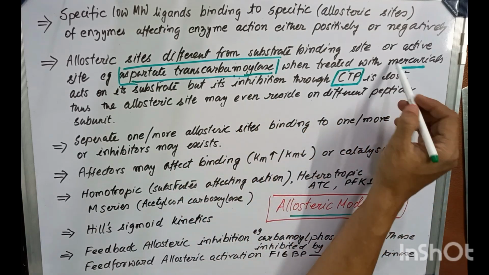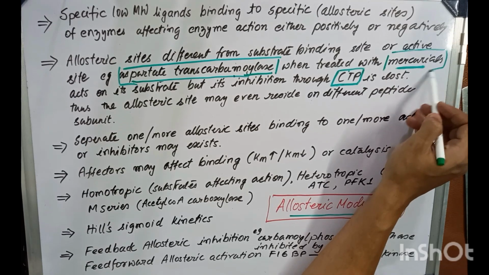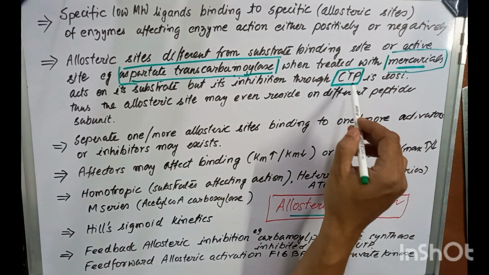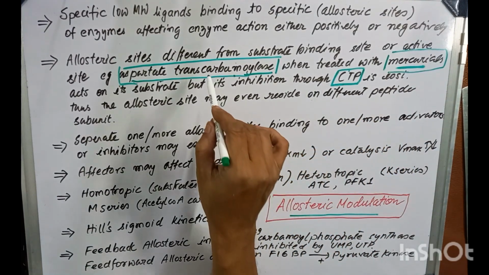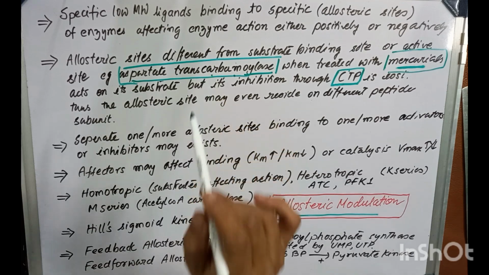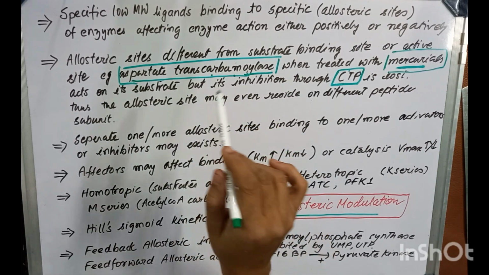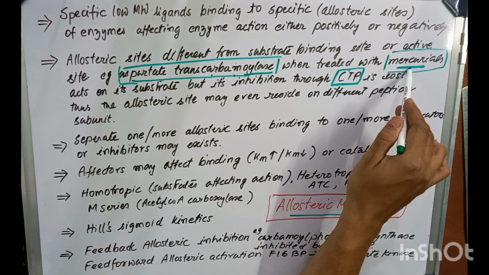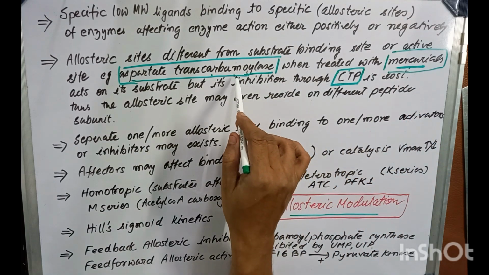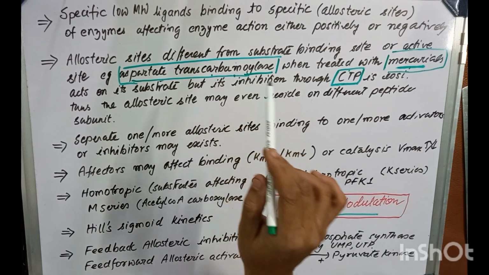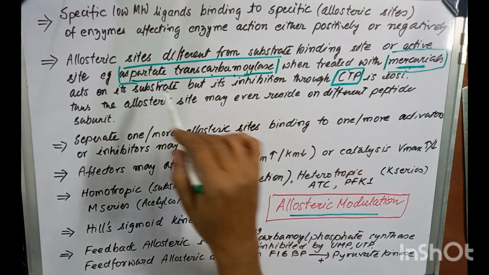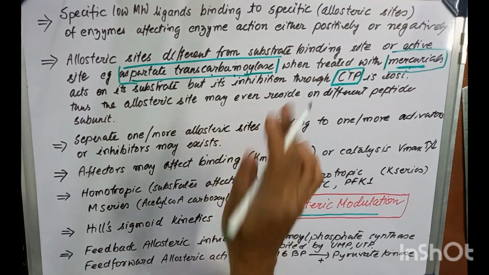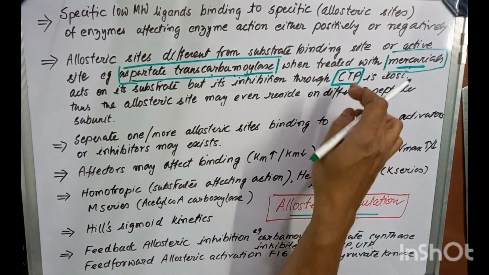So these mercurials have differentiated. CTP was originally able to bind this aspartate transcarbamylase and inhibit the enzyme, but with these mercurials binding to it, the enzyme is rendered ineffective for the CTP.